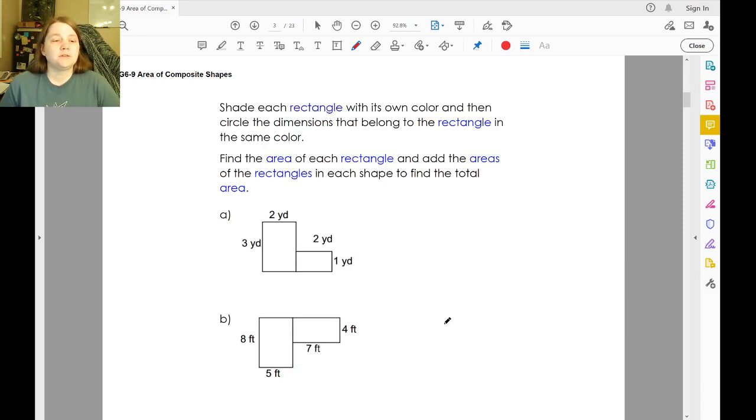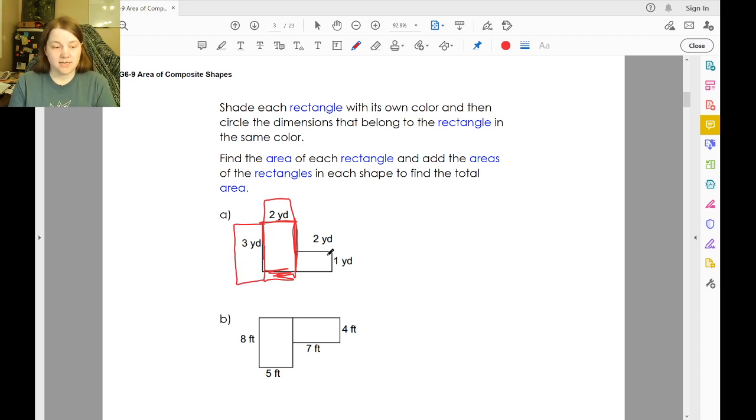They want you here to shade in the rectangles with their own colors and circle the dimensions that belong to the rectangles of the same colors. So for example, I'm going to do this a little bit simpler than the directions state. If I have the red rectangle and the black rectangle, the red rectangle's dimensions are 2 yards and 3 yards.